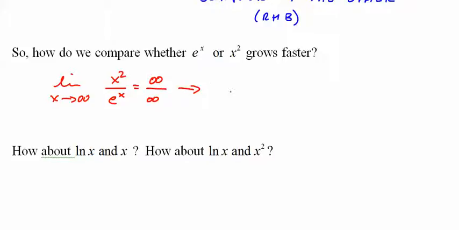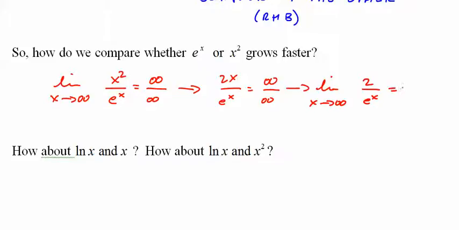So we do what? L'Hopital's rule. Derivative. Well, that still equals infinity over infinity. One more time. 2 over e to the x equals, as I'll write it all out this time, the limit as x approaches infinity of 2 over e to the x equals 0. So we can say that e to the x grows faster.